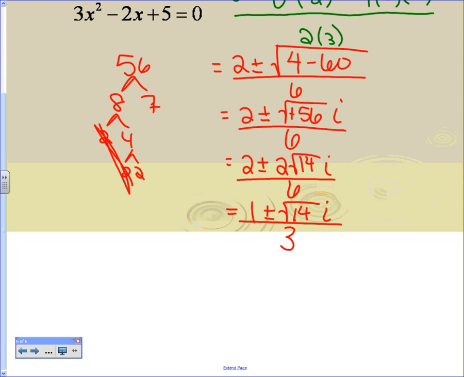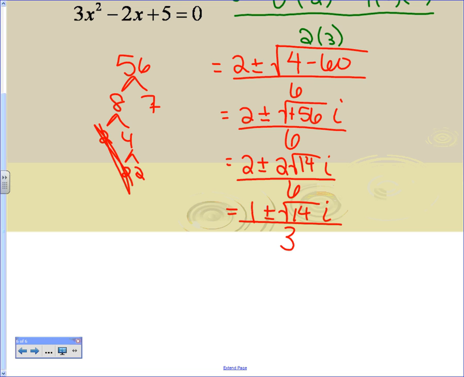What do you do with that other? 2 divided by 2 is 1. And then 1 plus square root of 14i, over 3. They're both a 1 though. You have to divide all of them, 2, 2, and 6. All of them have to reduce.